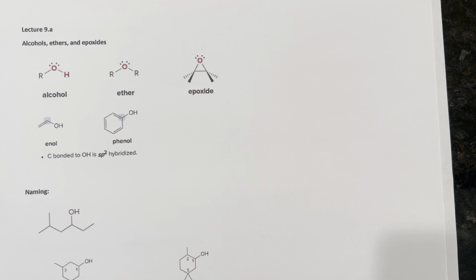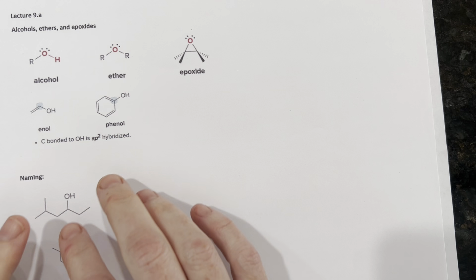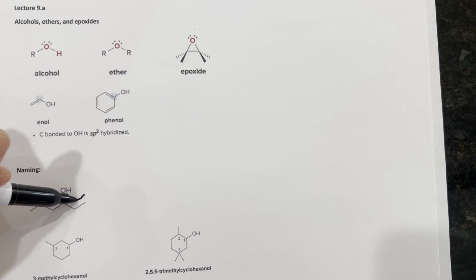All right, we're going to talk about naming here. When you go to name something with an alcohol, the alcohol actually takes precedence. This rule has changed from when, for example, I was in organic chemistry, but alcohols, they've decided, are so important that they actually win everything. Normally you'd look for the longest chain, and that hasn't changed.